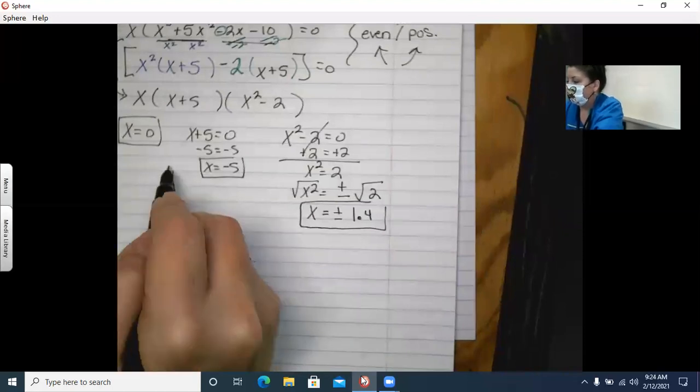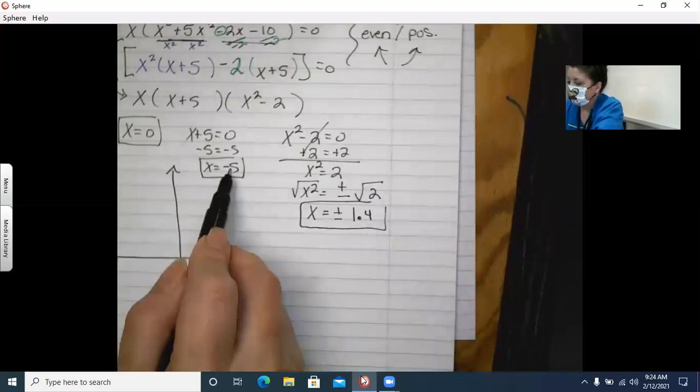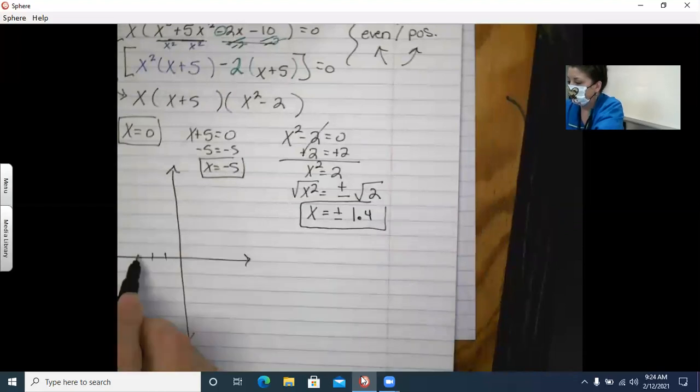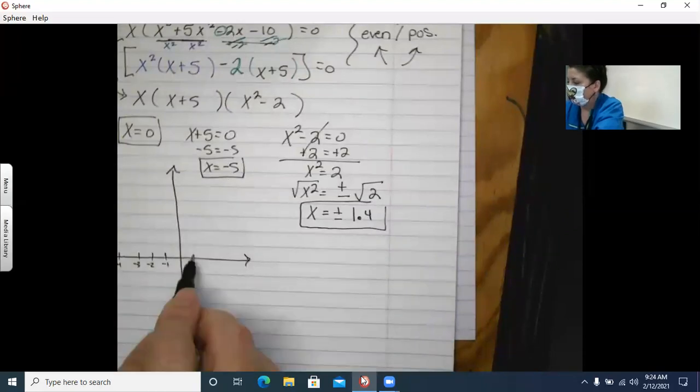And I know my x-intercept, the smallest one's -5. So I at least need to go down to -5. And my largest is positive 1.4. So I'll just go to 5 on both sides. No, I'm out of room. I'll go to 4.